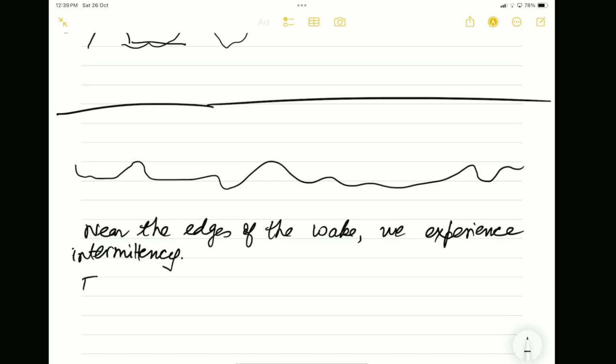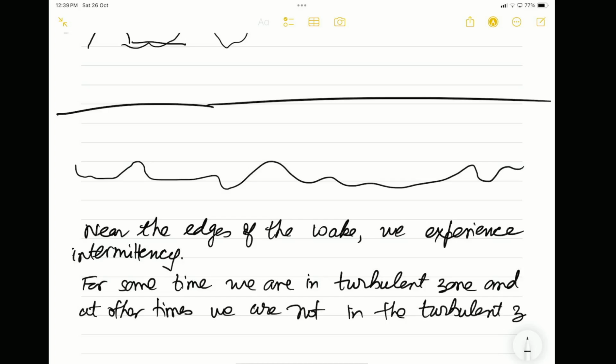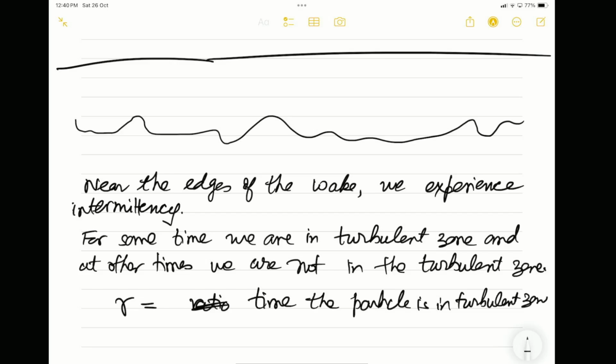That means for some time the flow is turbulent, and intermittency is equal to the time the particle is in the turbulent zone divided by the total time.